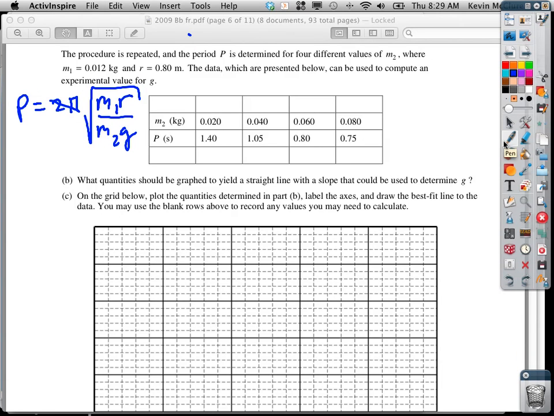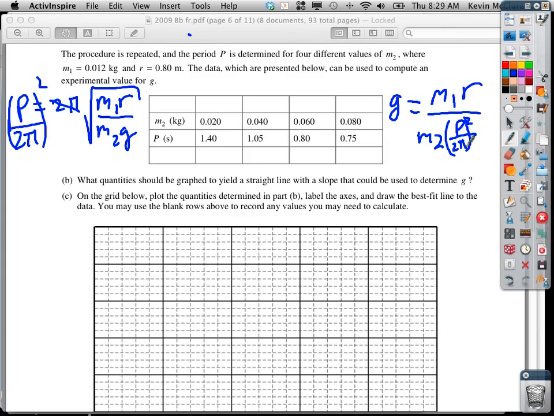All right, so we can put this under here at 2 pi, then square both sides, and then you can put it like this. So you could say G is M1 R over M2 times P squared over 2 pi squared. So if you do that, you get G is equal to M1 R 4 pi squared over M2 times P squared.